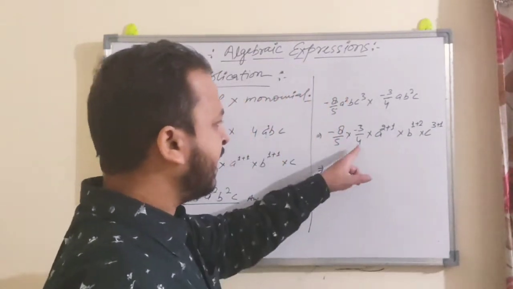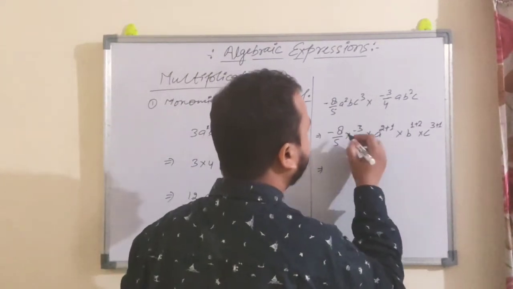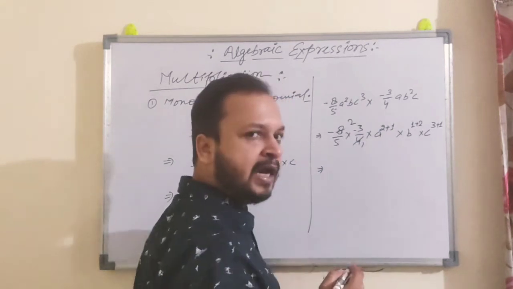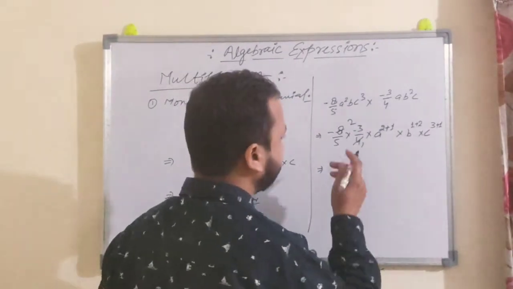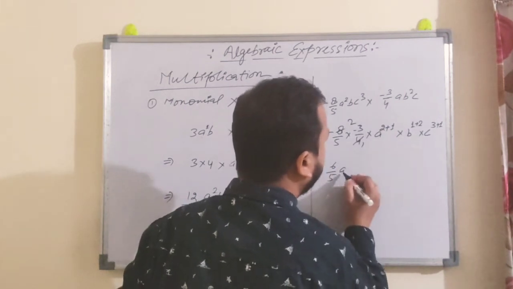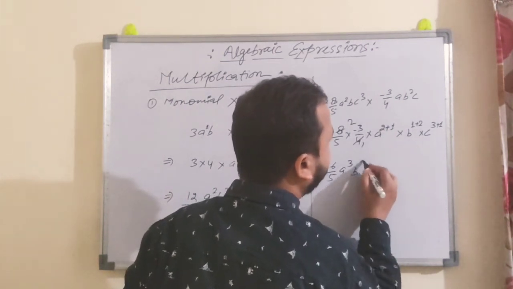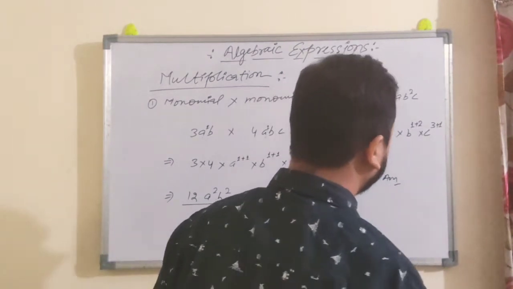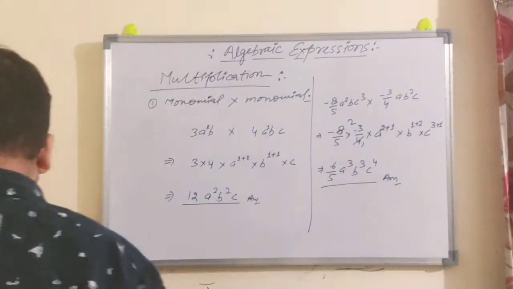So you can also cancel it out. Here 4 1s are 4, 4 2s are 8, and 2 3s are 6. Minus and minus, you know that the product of two minuses becomes plus. So 2 3s are 6, 6 by 5, a cube, b cube, c power 4. This is your answer. This way you have to solve it.